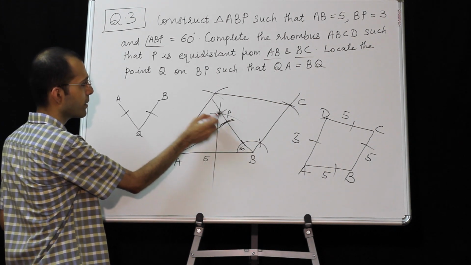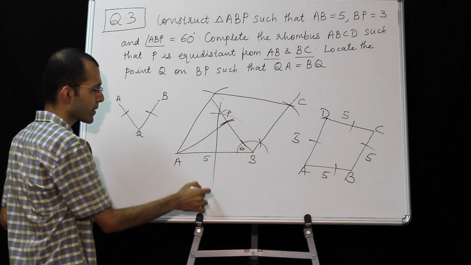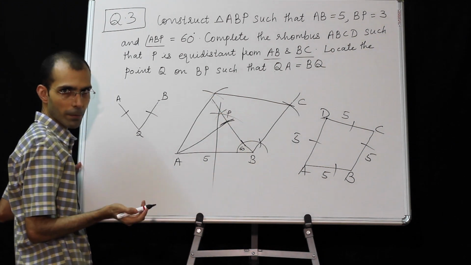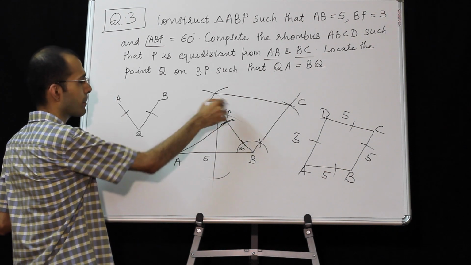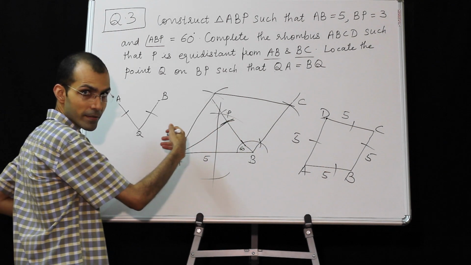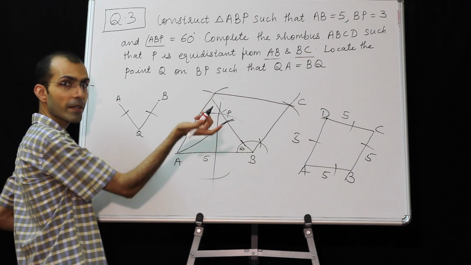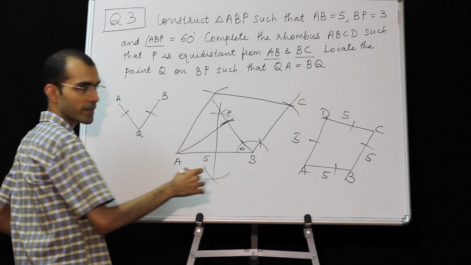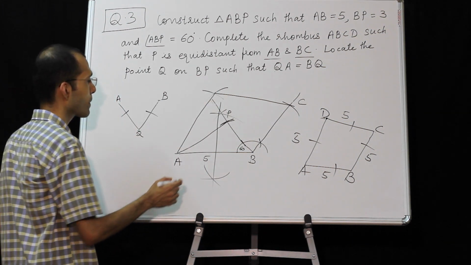So this is BP, it is extending. This is the perpendicular bisector which we just drew. So for the perpendicular bisector, with A as a center, draw the arcs up and down with radius more than half, with B as a center, same previous settings, cut the arcs and draw the perpendicular bisector.